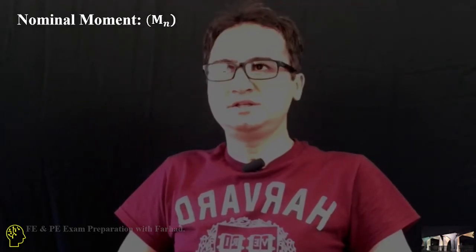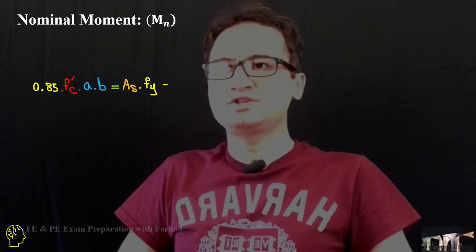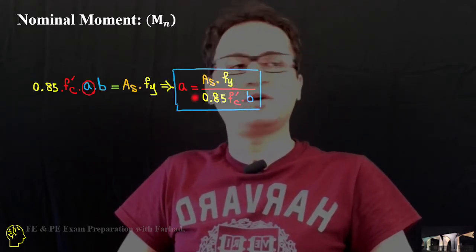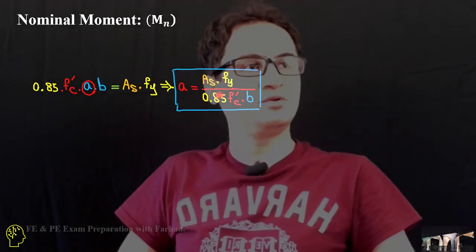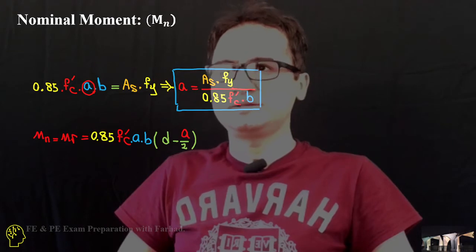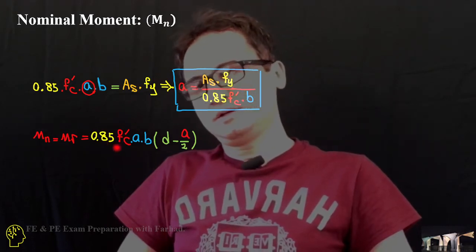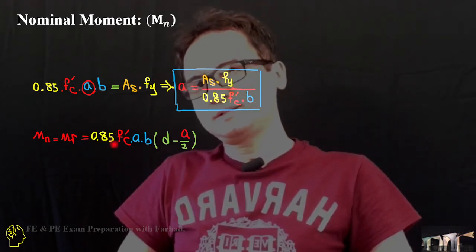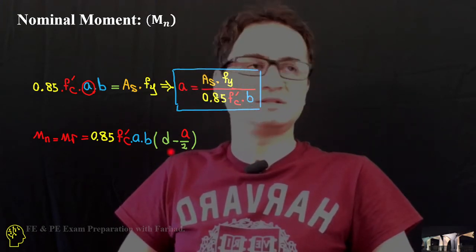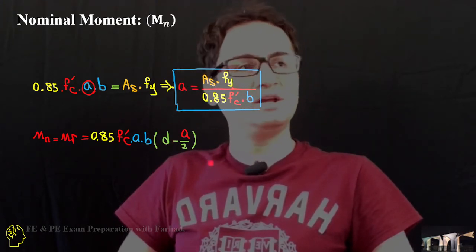So to calculate the last condition, which is the nominal moment Mn calculation, if we do know the height of the equivalent block of concrete, Mn then is 0.85 f'c times a times b, which is Cc, times the moment arm, which is d minus a over 2.